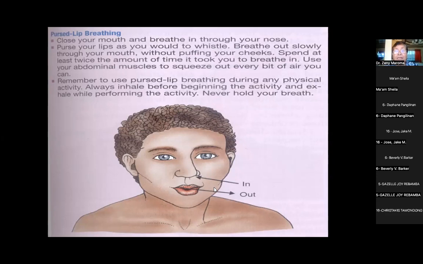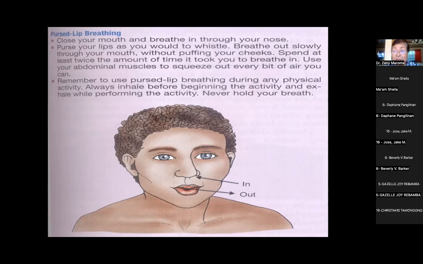Okay? Anong effectiveness nito? So inhale, then prolonged exhalation. Para mailabas ang carbon dioxide. It will minimize air trapping.